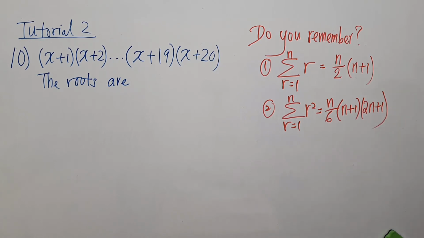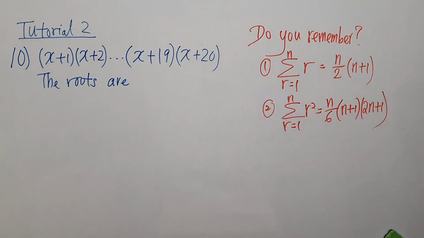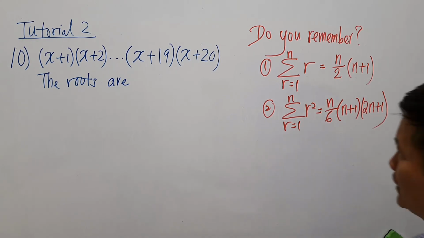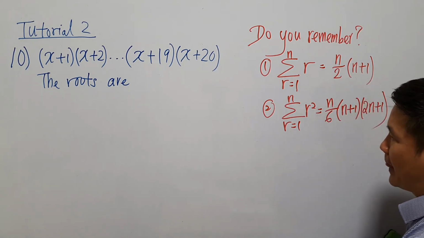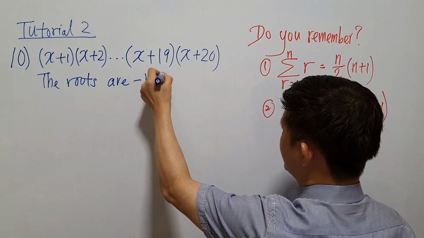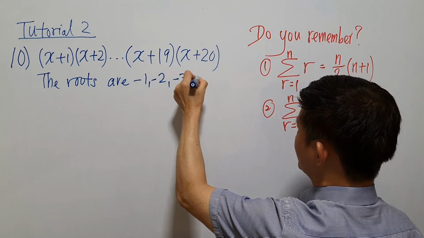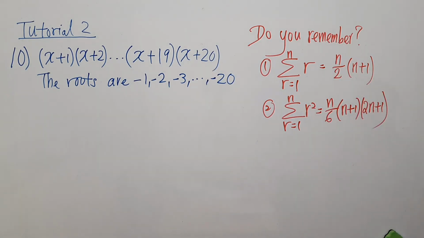Given that it is factorized so nicely for you, it is not hard to see what the roots of this polynomial are. They are minus 1, minus 2, minus 3, all the way until minus 20. These are the roots of this polynomial.